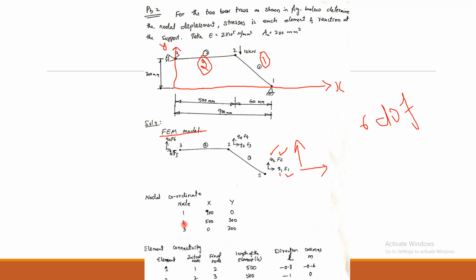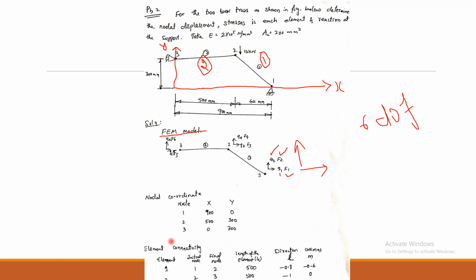Node 2 has an x value of 500 and a y value of 300. Node 3 has an x value of 0 because it is along the y-axis, and a y value of 300 mm. Like that, first you define the nodal coordinates.